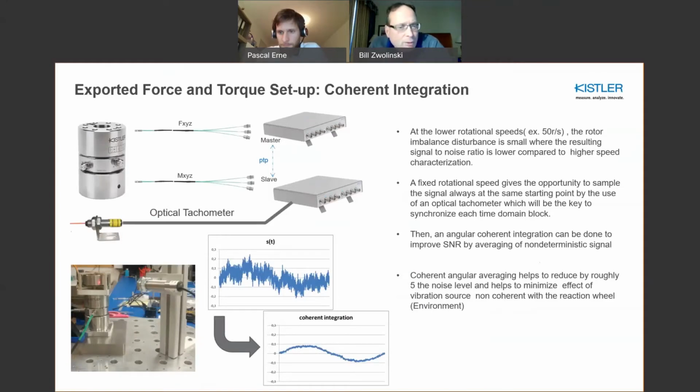This will definitely give you an improvement of signal to noise ratio, as shown below, where you might have a rather noisy looking signal at the lowest rotational speeds, but with coherent integration, you can achieve a more deterministic view. In this case, a noise reduction by a factor of 3 to 5 was achievable.